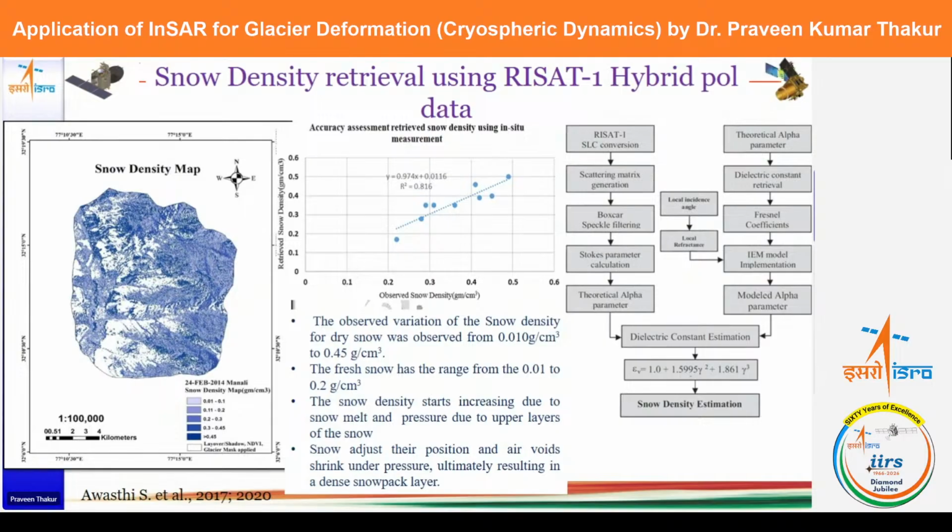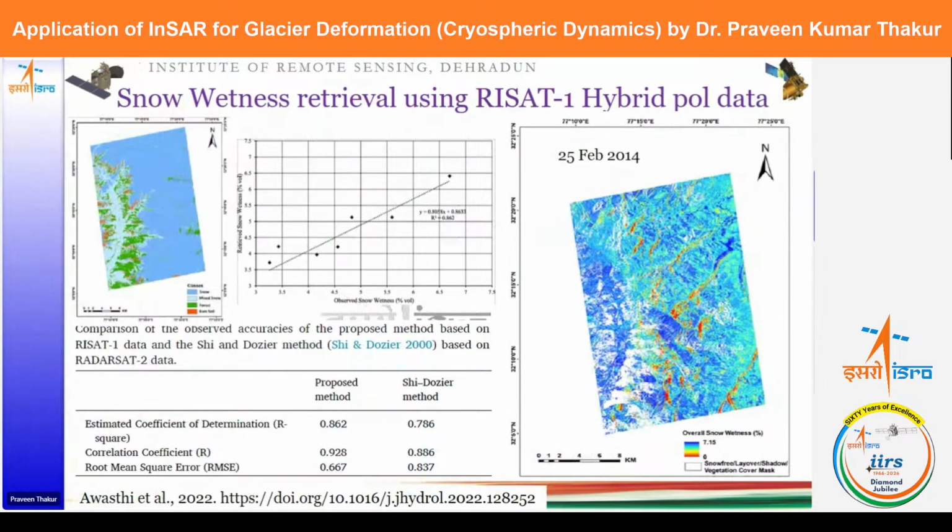So we tested this for hybrid polarization, and an algorithm has been developed to estimate the density using this hybrid polarimetric data. Similarly, for wetness, we have used the method and compared it with the fully polarimetric RADARSAT-2 data. Both methods are comparable, with slightly more improvement in the hybrid polarimetric data from the C band.